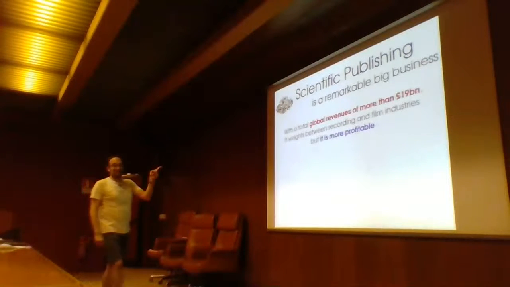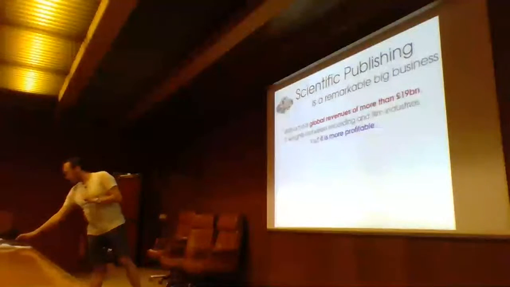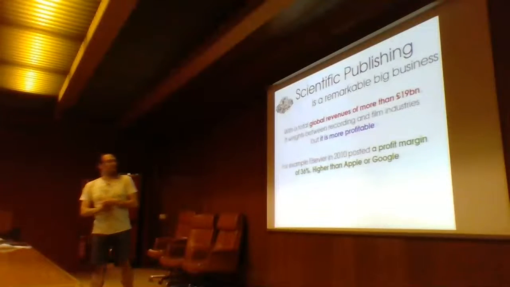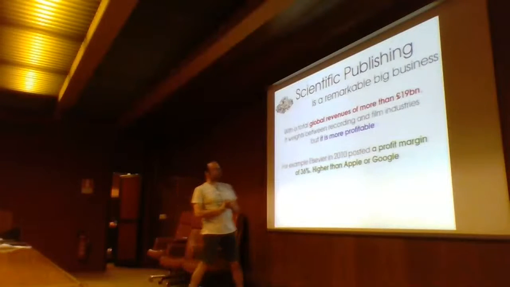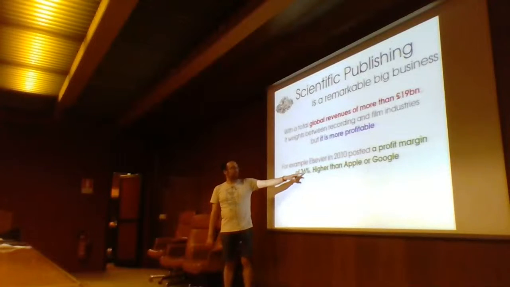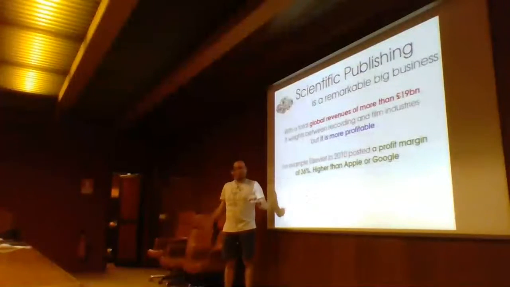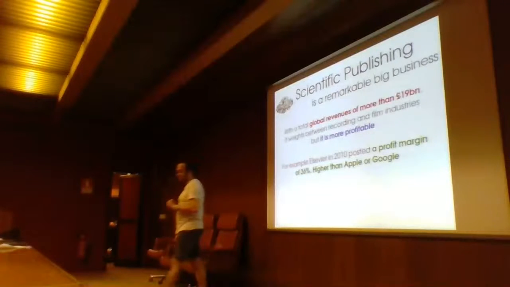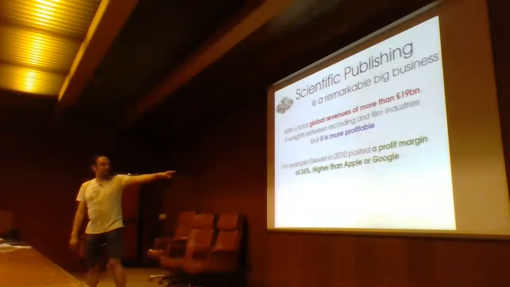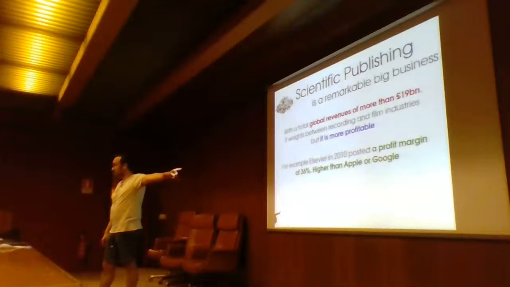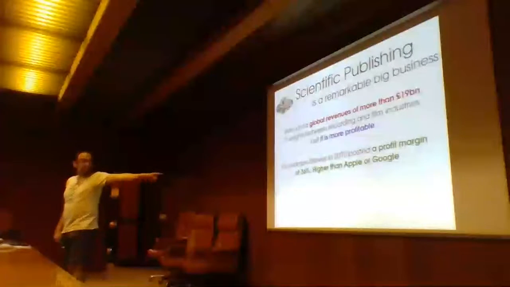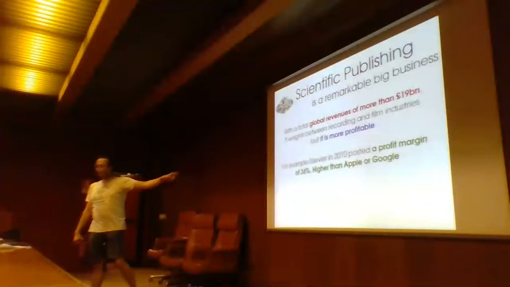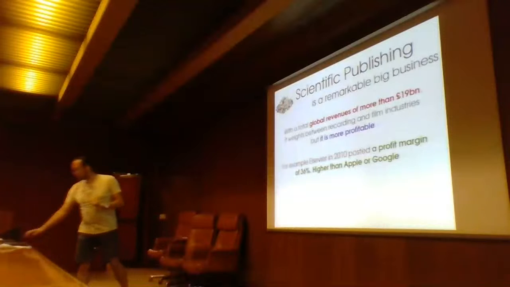But it's more profitable. Why? Because, for example, Elsevier in 2010 made a profit margin, that means the money that you gain when you remove all the expenses, of 36%. That is a lot. It's higher, for example, than Apple or Google. Apple or Google earn less money selling iPhones than Elsevier selling journals.